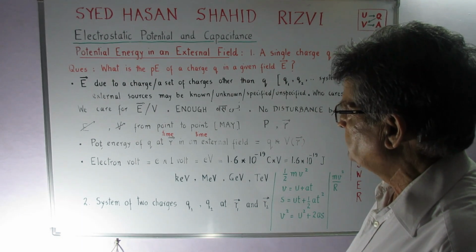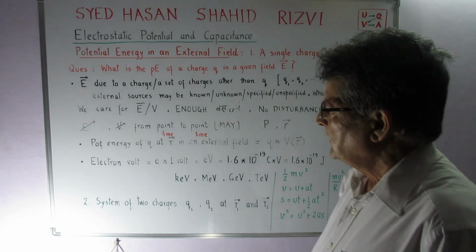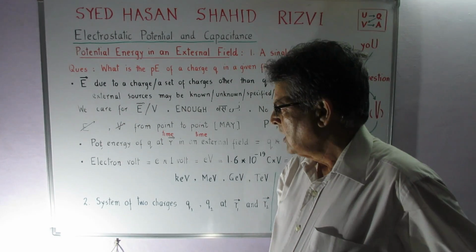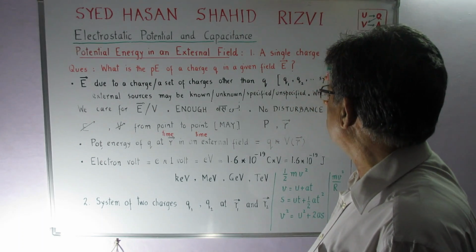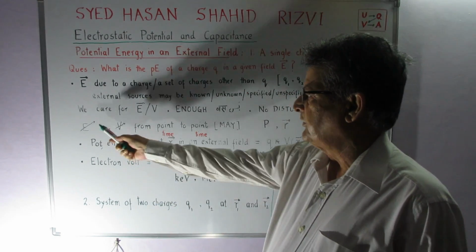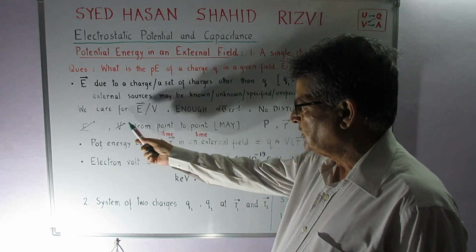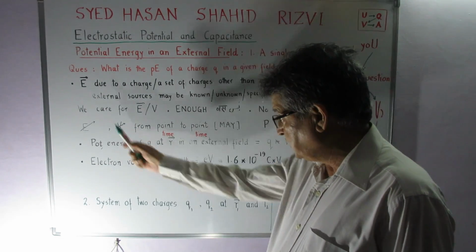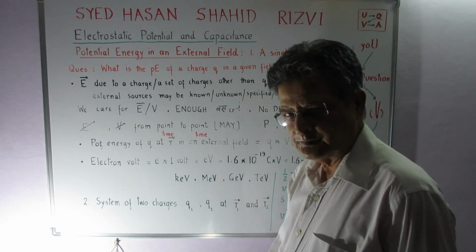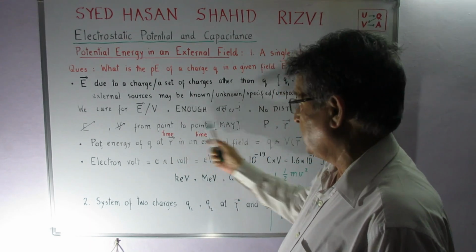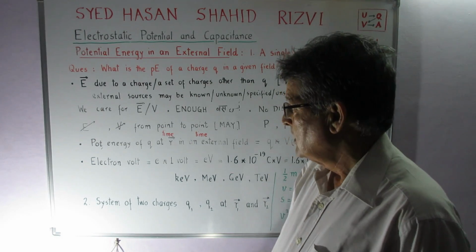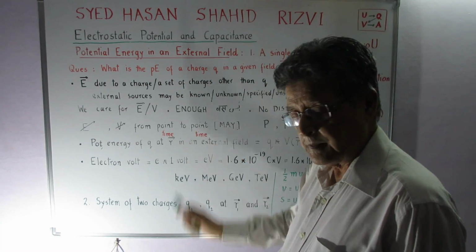So, friends, there is some space where the q has been put, and in that space we have an electric field and a potential profile which may change from point to point, and from time to time.